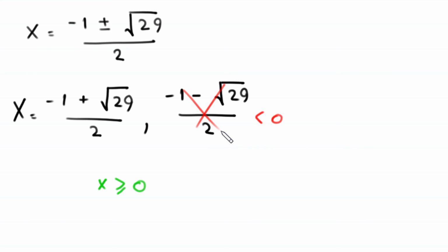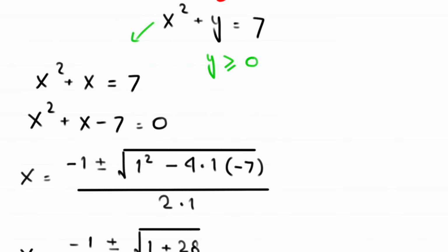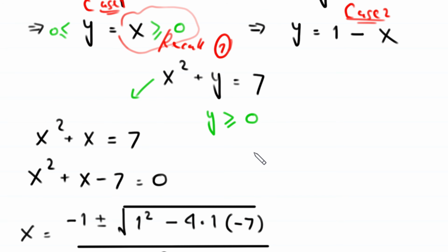So from this case we get one solution, x is equal to negative 1 plus root 29 over 2. Now we move on to case number 2. In case number 2 we have y is equal to 1 minus x.